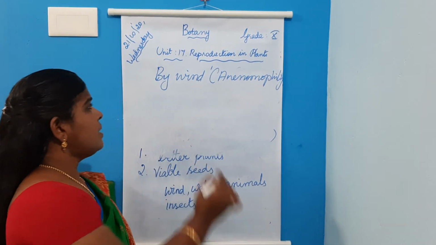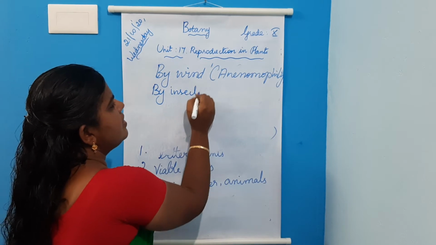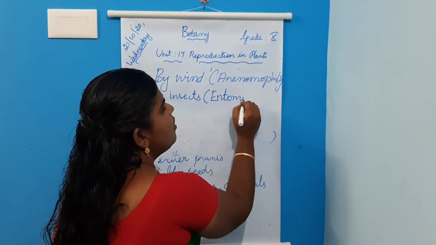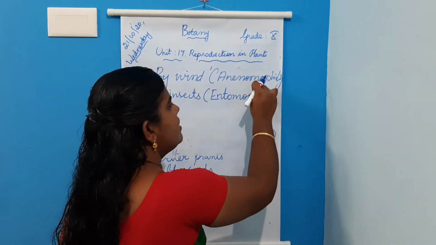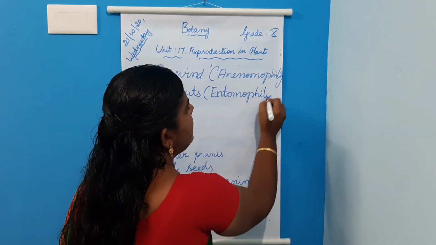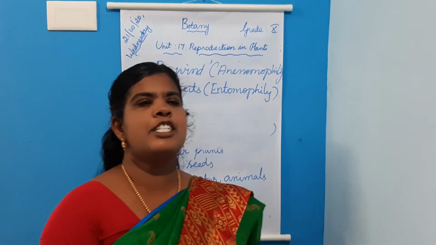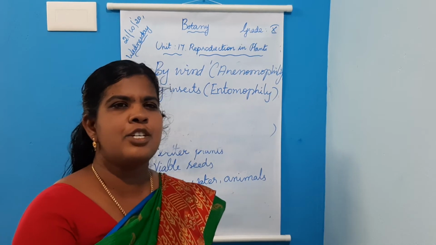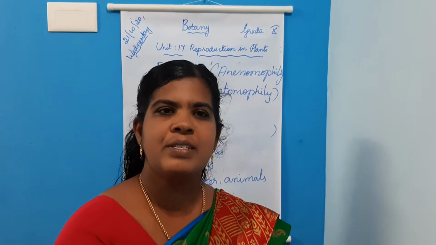Next is pollination by insects. This is also called entomophily. What is called entomophily? The flowers which are pollinated by insects are entomophilous flowers, and the process is entomophily. These entomophilous flowers should possess certain characteristic features.